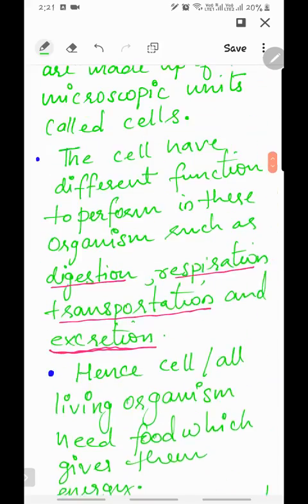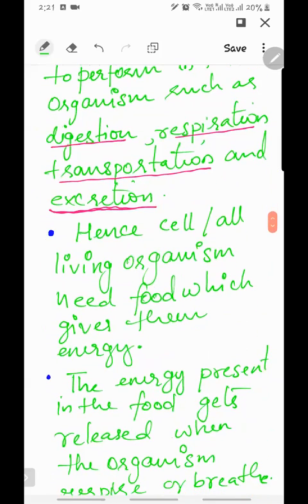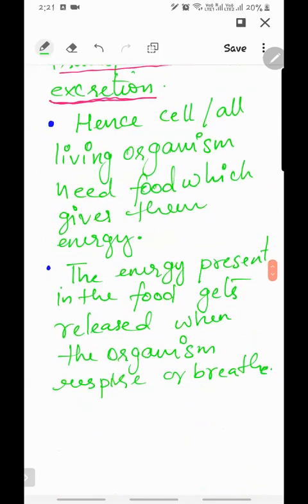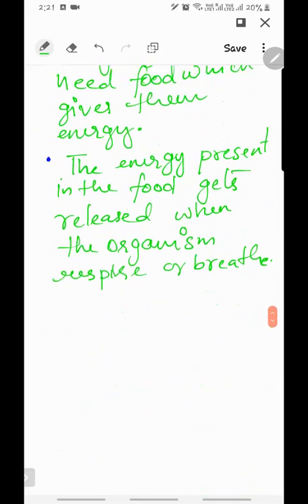Okay, so why do we respire? These are certain things we can know. Now we have to see how food helps us in gaining energy.